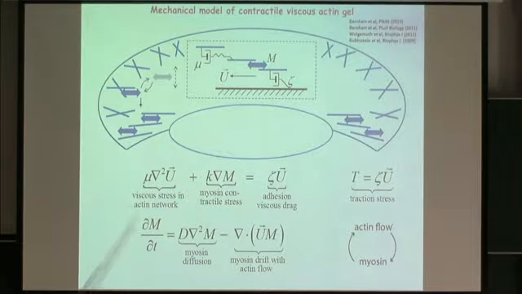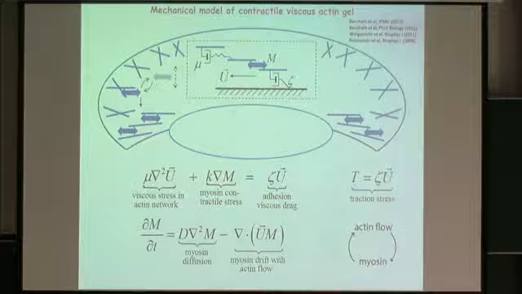So mechanically, we model the actin gel as a viscous fluid, highly viscous fluid. There could be endless discussion about the actual mechanics of the actin network. Some people prefer to model it as elastic material, some as viscoelastic material. It's a big and complicated subject.